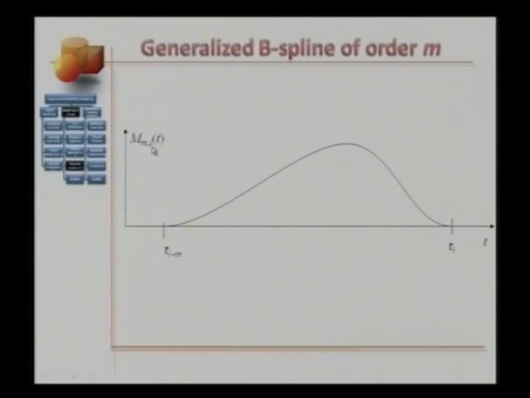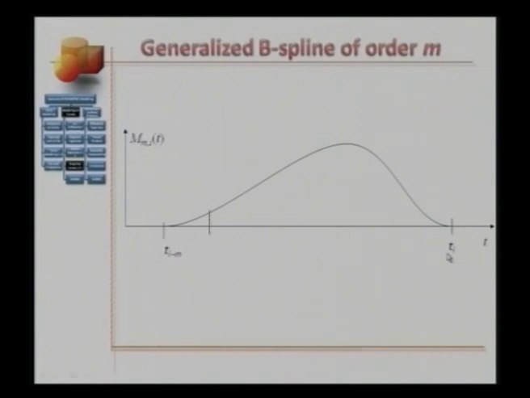So all you need to do is, corresponding to this index, plot the last knot, and then use the index and the order to figure out what the t_(i-m) knot is, and plot it on the left. Your generalized order m spline is going to be standing over the knot span t_(i-m) to t_i.